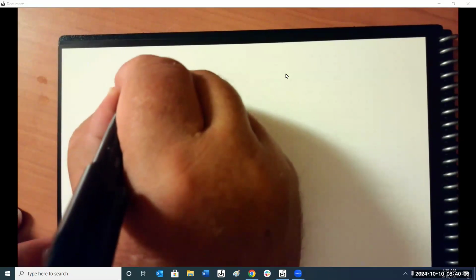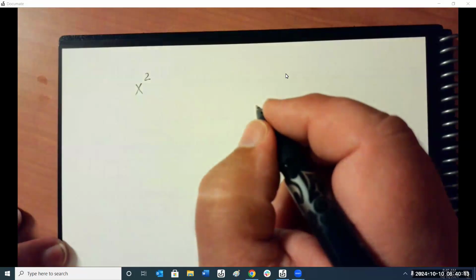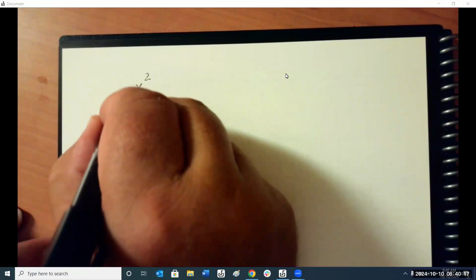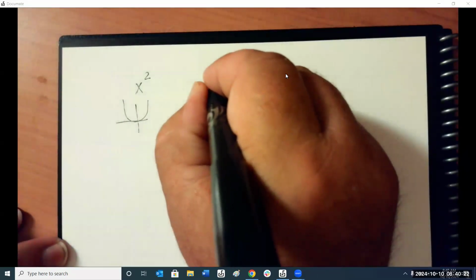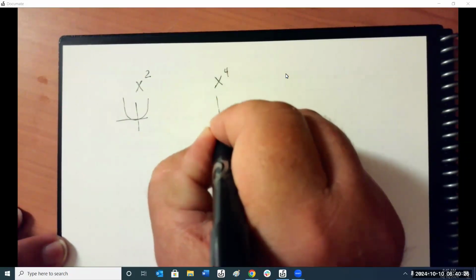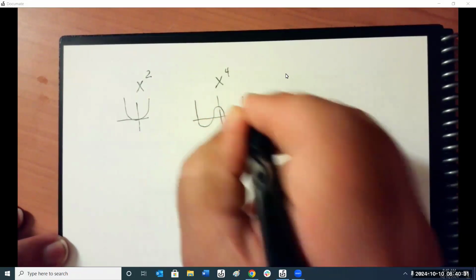From our library of functions, if we had x to the power 2, the graph would look like that. If x was to the power 4, it would look something like this.